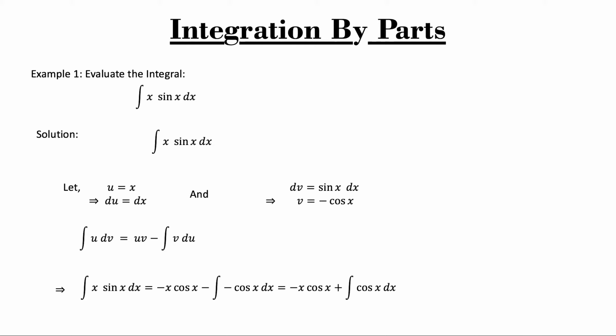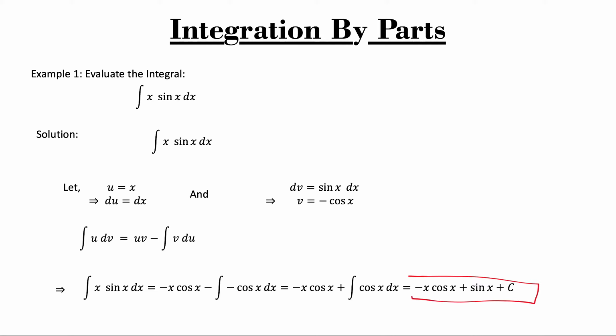This minus and this minus would become plus, so we can get this, and as we know the integral of cos x dx is sin x, so this is our final answer.